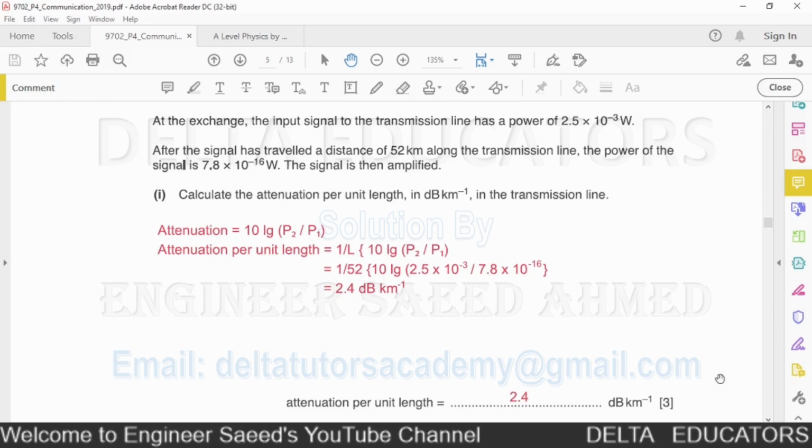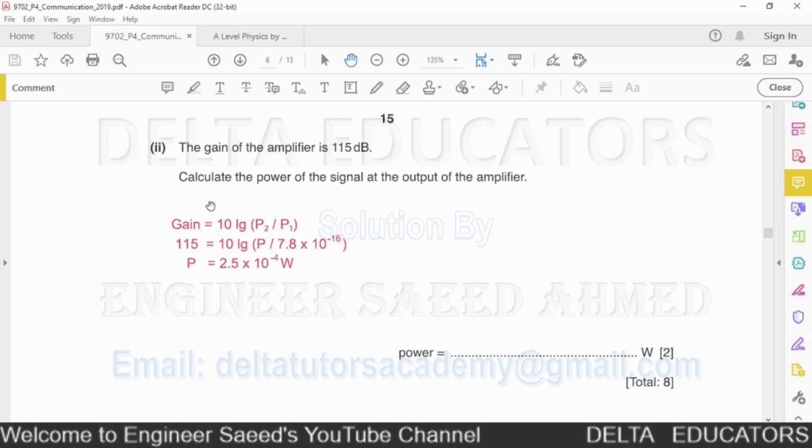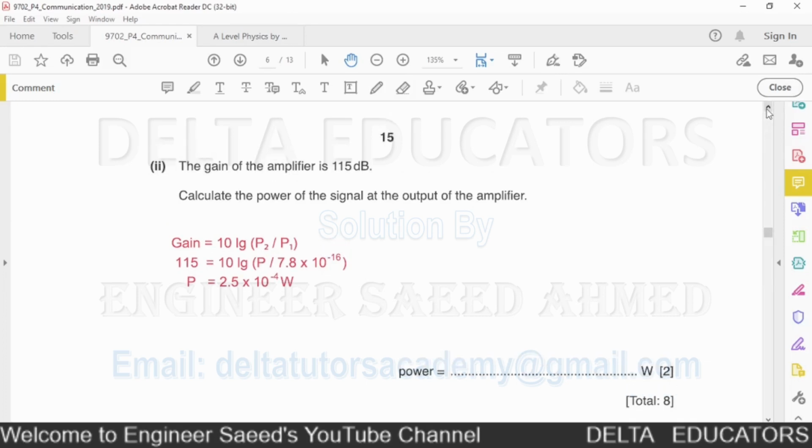So here we have amplification, and in the amplification the same formula we have to use. Gain is equal to 10 log P2 over P1, where P2 is for greater power, and P1 for the lesser power. Since here we have amplification, the given power will be less and it will be the value of P1.